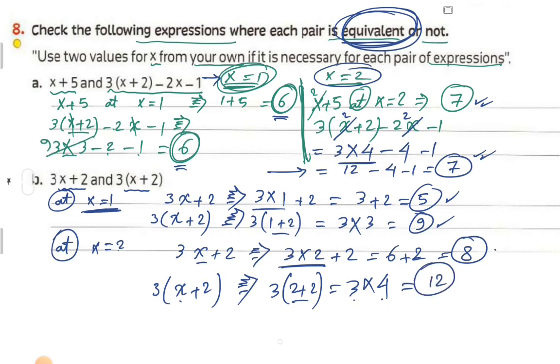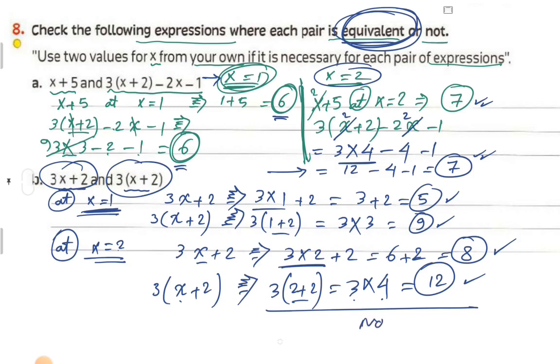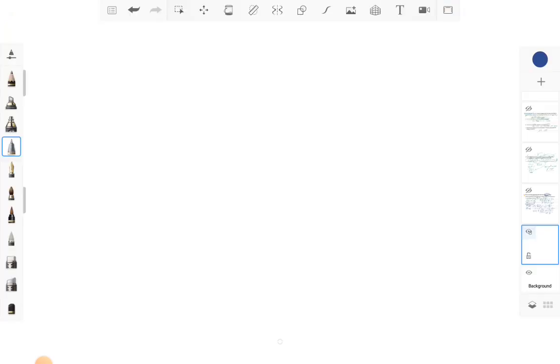Yes, the second trial gave us two different values. That means from the first trial and the second trial, we know for sure now that these two expressions are not equivalent to each other.